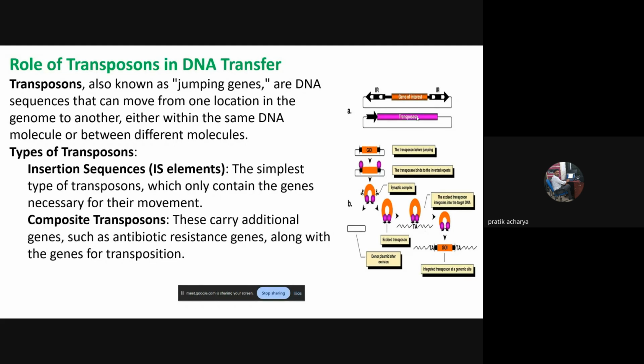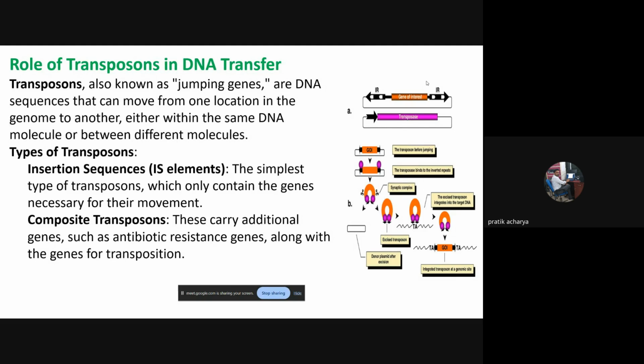So these are various kinds of transposons. Focus on the cut and paste property. That means the transposon is cut out of its original location and inserted into a new spot. That is the basic property of the transposon.